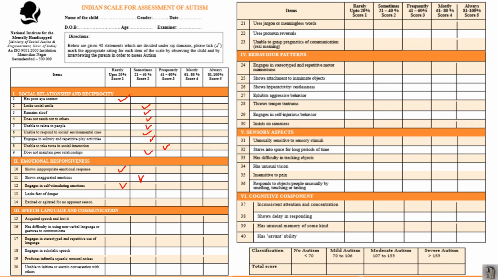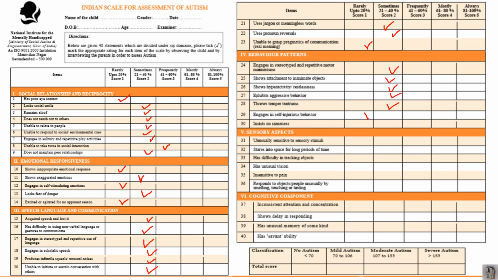If you are watching this, what you can do is just tick. Okay, let us understand this. If you're not able to do it, you can just download it and then practice. You just have to tick a check mark.